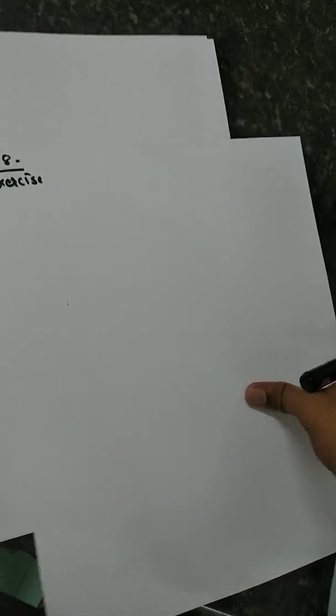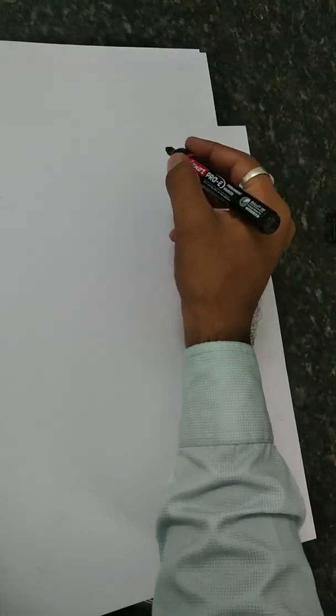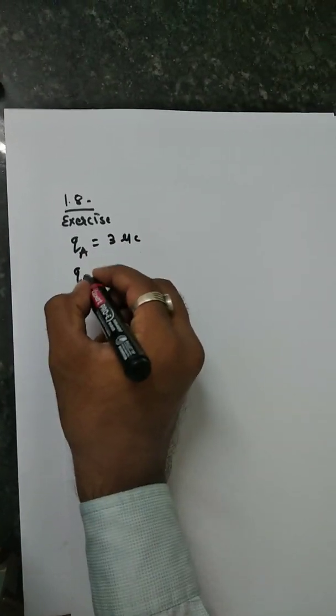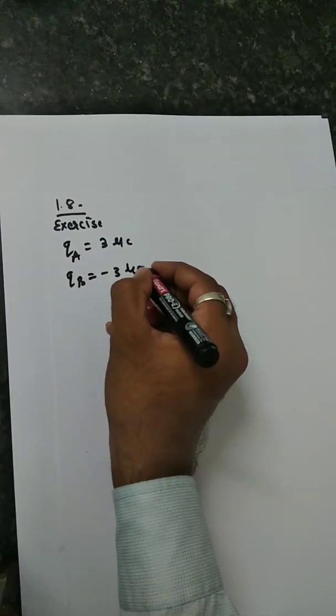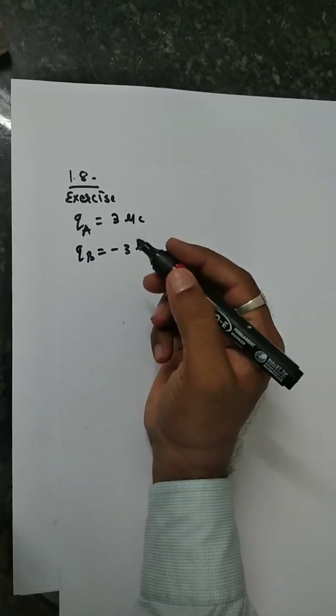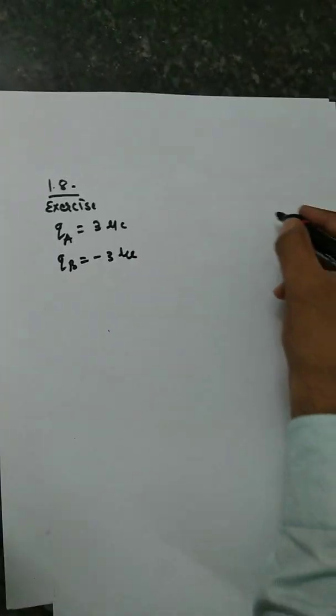In that example it is being said that there are 2 point charges: one is 3 microcoulomb and the second is minus 3 microcoulomb, which means one is a positive charge and another is a negative charge, and both are located 20 centimeter apart.